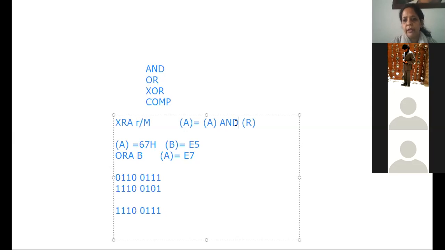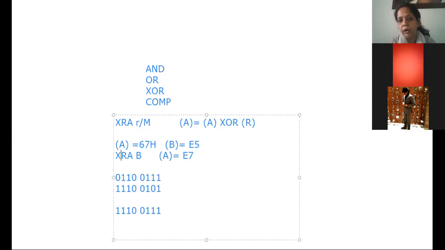Now for the XRA operation, you are XORing the A and the register contents. So the instruction is XRA instead of ORA. Now tell me what will be the output of this. For the XOR operation, I already told you, if both the inputs are different, the output is 1.